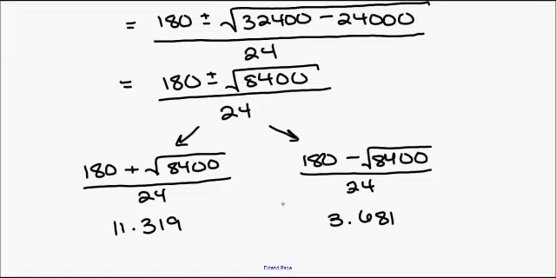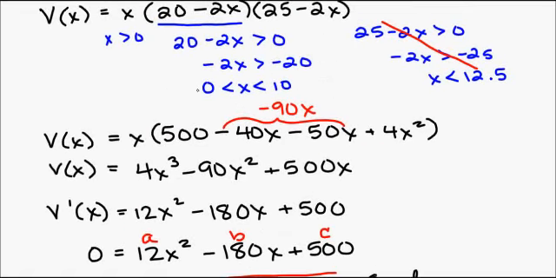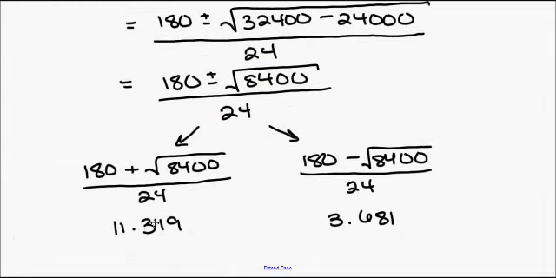And now, looking at these, I already decided the domain of my function was from 0 to 10. And 11 will not work here because x is between 0 and 10. So this is the only one I am looking at, 3.681. This is telling me the size of the squares.